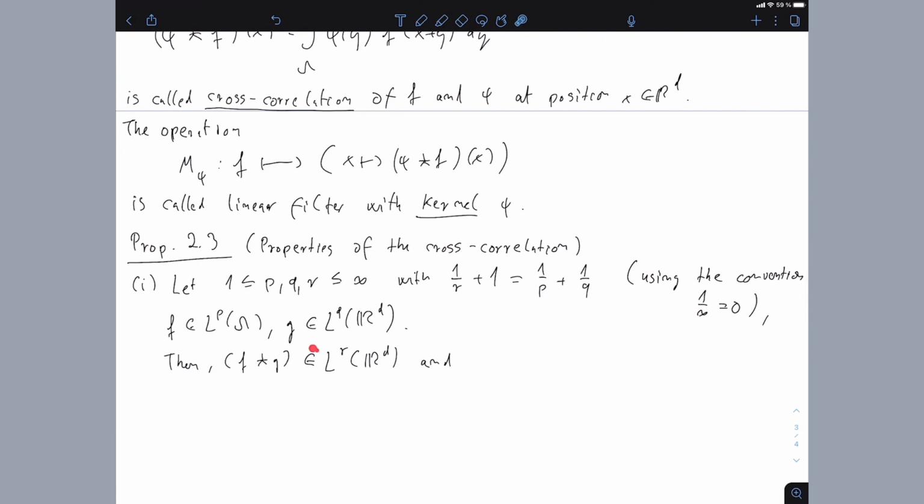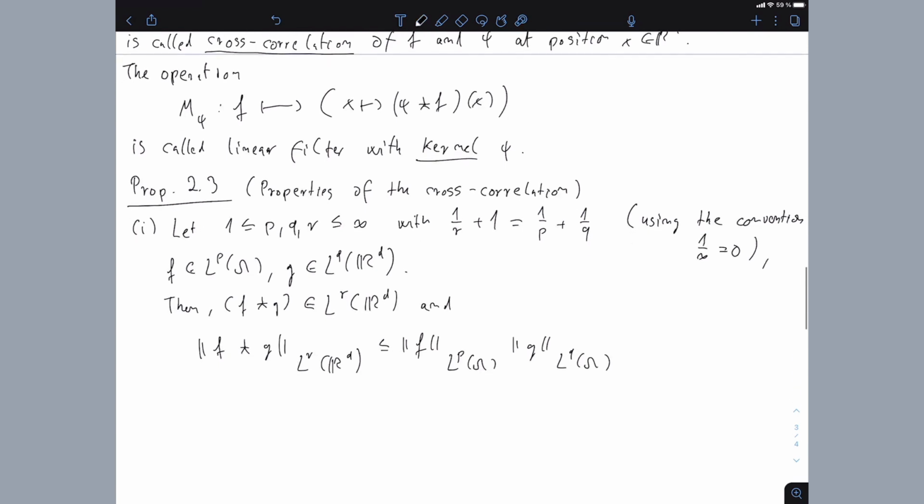The fact that we are in this space just means that the norm of this object is smaller than infinity, but we can further say how big the norm can be at most. It's just a product of the input norms. We have different powers everywhere, r, p, q, but this is an important tool that allows us to bound this object, and only using properties of our inputs.